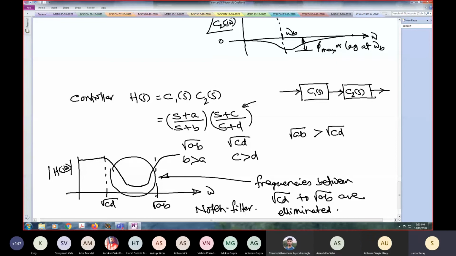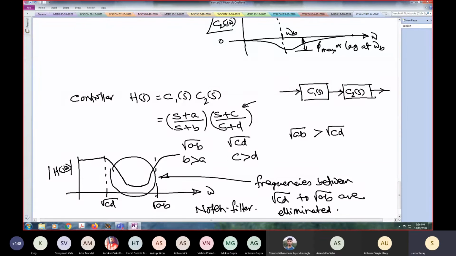All right. So if your equipment is not properly grounded, earthing is not proper, then that 50 hertz component will start affecting your measurements. So we want to eliminate that 50 hertz only, nothing else.